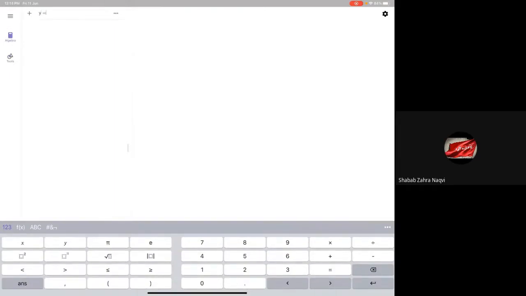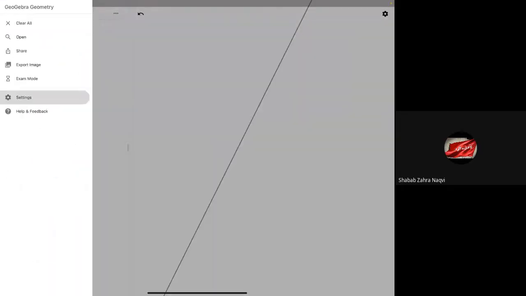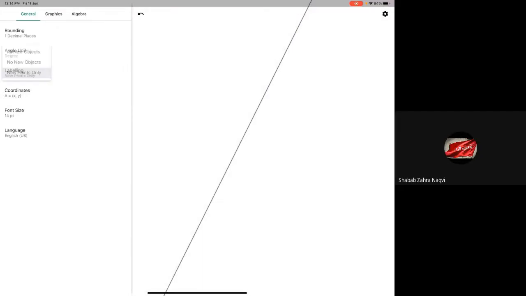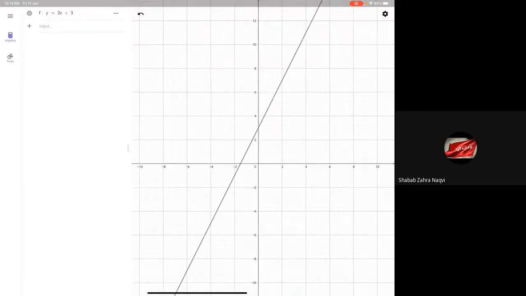So, for example, y equals, say, 2x plus 3. So let me show the graph. This is the equation of a straight line.